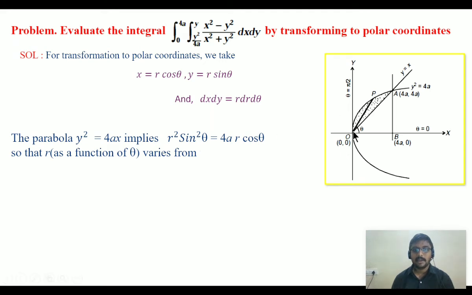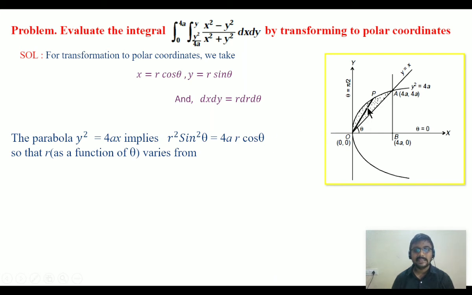From the pole point the radius value is 0, that is r equal to 0, and at the point P on the curve, r takes its maximum value, 4a cos theta by sin square theta. So it is the upper limit of r. Thus r varies from 0 to 4a cos theta by sin square theta.